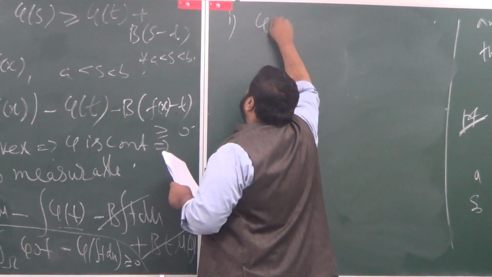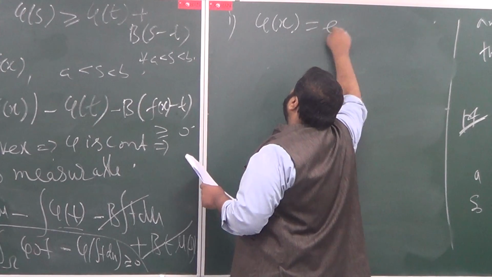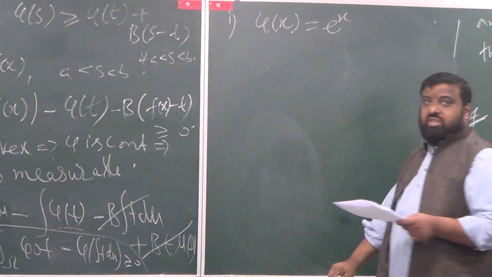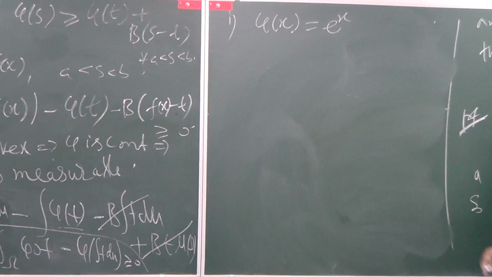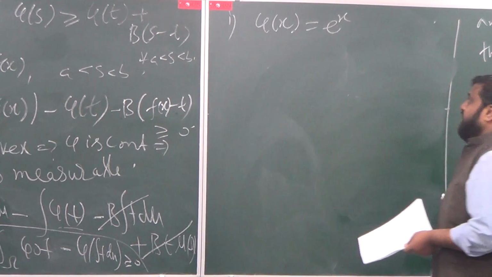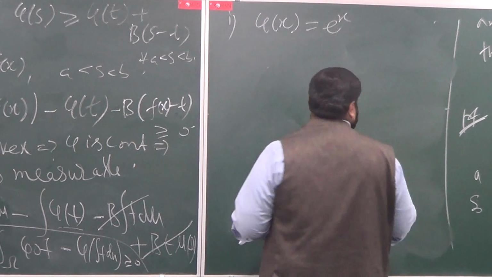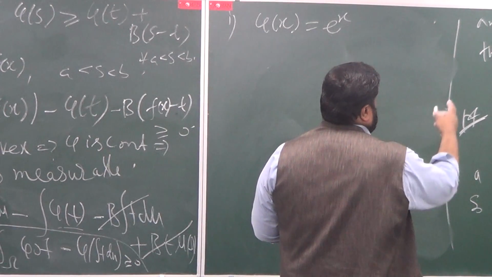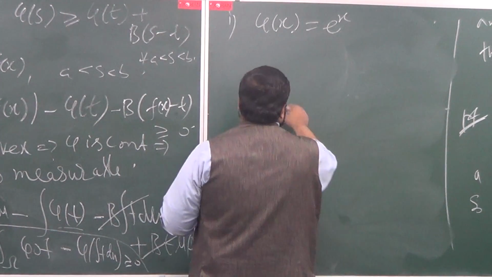So consider the function phi of x equal to e to the x. Is it convex? In other words, you differentiate it two times, and it's always non-negative. So it's convex. So if it is convex, what is this inequality telling you?